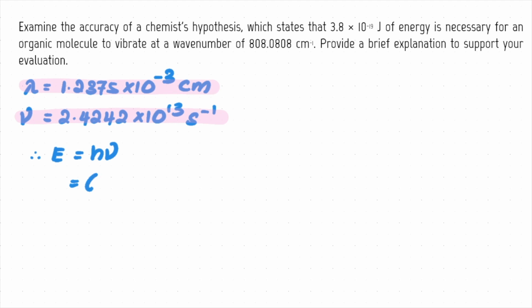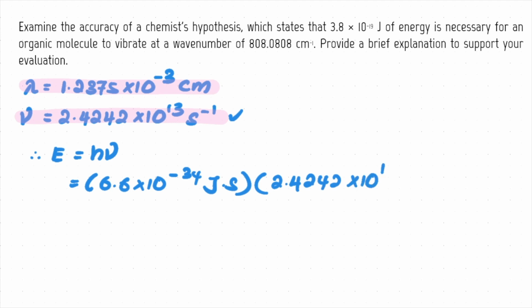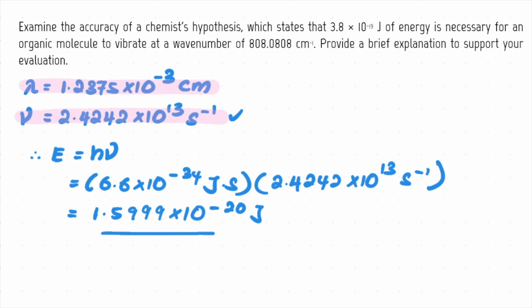The Planck constant is the constant value 6.6 times 10 to the power of negative 34 joule second, and then your frequency is the one that you have calculated just now, 2.4242 times 10 to the power of 13 per second. Therefore, you will get your energy is equivalent to 1.5999 times 10 to the power of negative 20 joule.